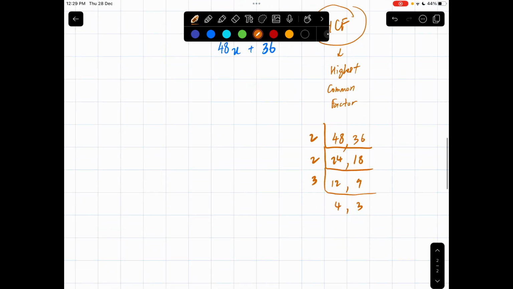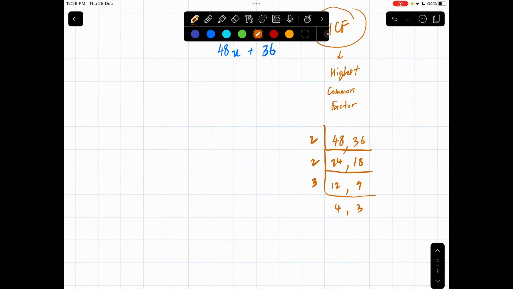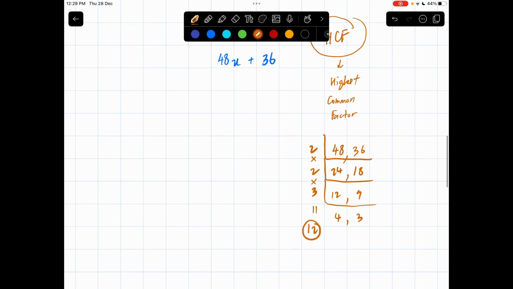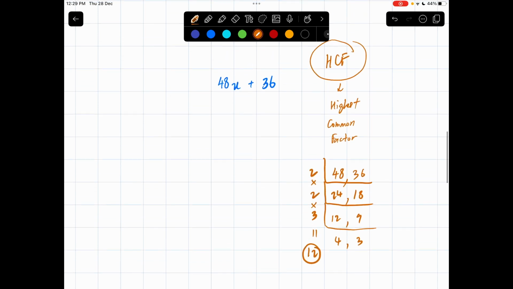And that's about it. We have 2 times 2 times 3. So we will just have to multiply this, and what you will get here is 12. So this is the number that we're going to factorize out of these two, since this is the highest common factor. So here you will have 12 outside.